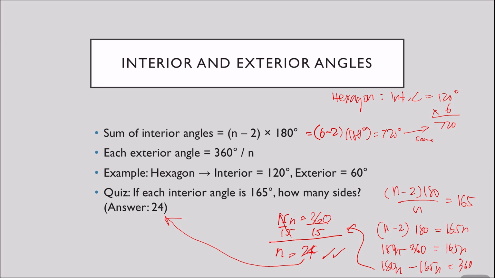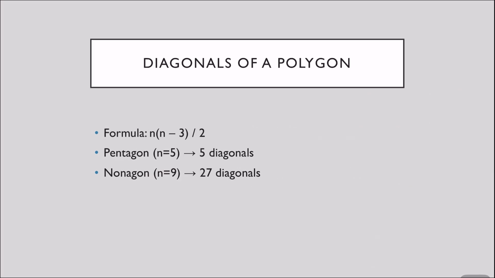Let's move on to the diagonals of a polygon. So the formula for the number of diagonals is n times n minus 3 all over 2. So you just have to place the number of sides of the polygon that you would like to get the number of diagonals for. Remember, for our square, there are only two diagonals.